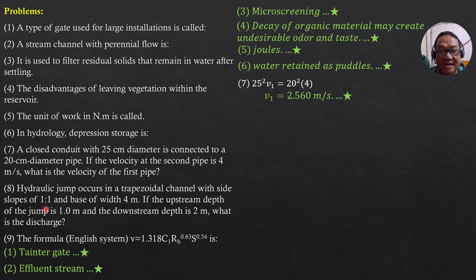Then problem 8. A hydraulic jump occurs in a trapezoidal channel with side slopes of 1:1, so 45 degrees, the inclined, non-parallel sides, 1:1, and base width of 4 meters. If the upstream depth of the jump is 1.0 meter and the downstream depth is 2 meters, what is the discharge?